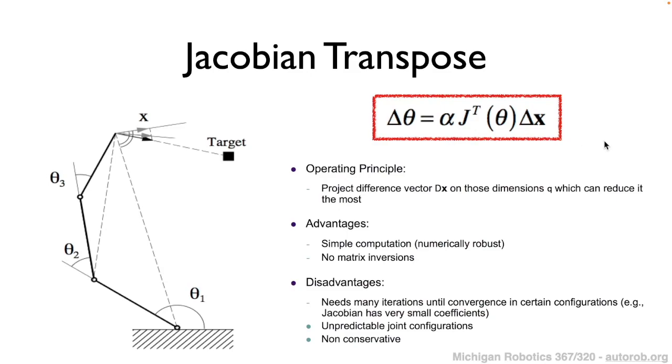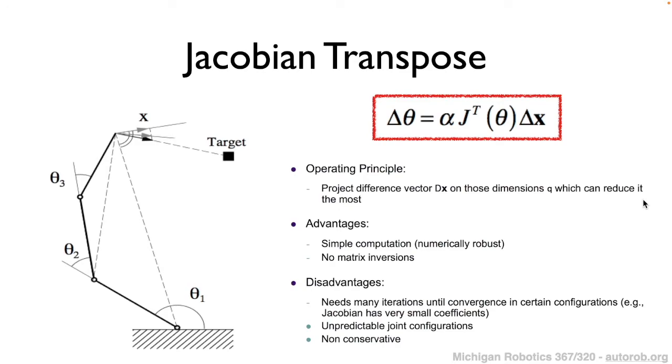The principle behind this is that we're projecting this difference vector delta x onto the dimensions within the configuration space that can reduce this displacement vector in the pose of the end effector.